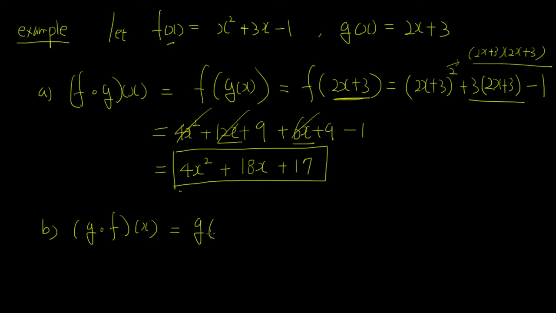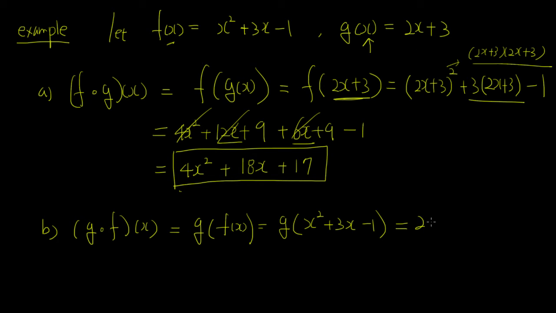So this will be g of f of x, right? And this would be g of what's f of x? It's x squared plus 3x minus 1. So instead of writing this x, we're going to write this whole thing, because that's our input value now.